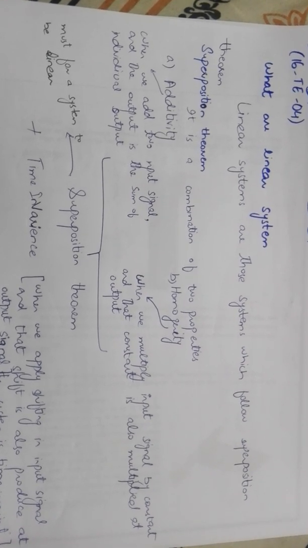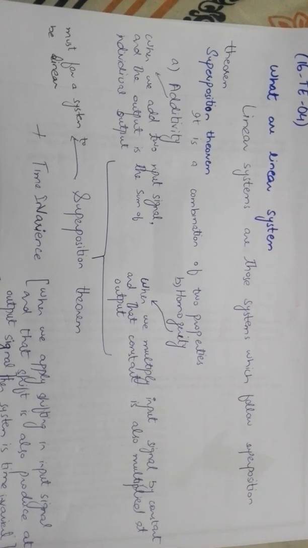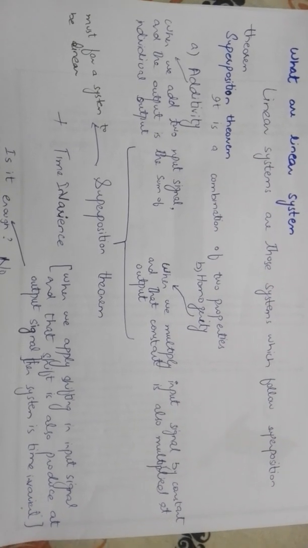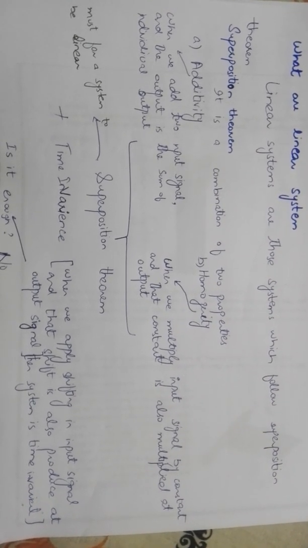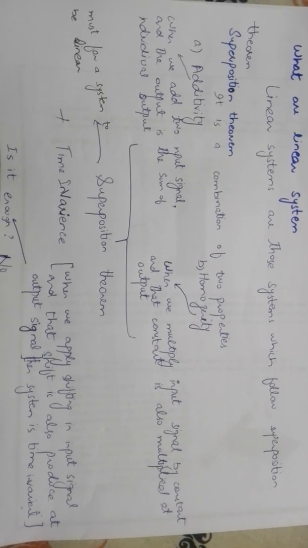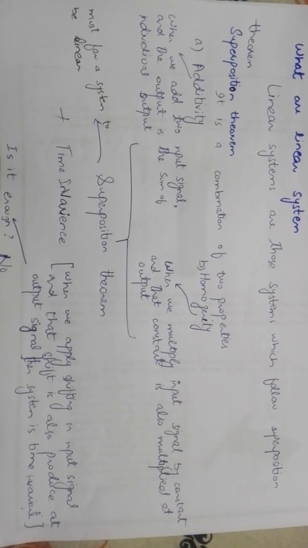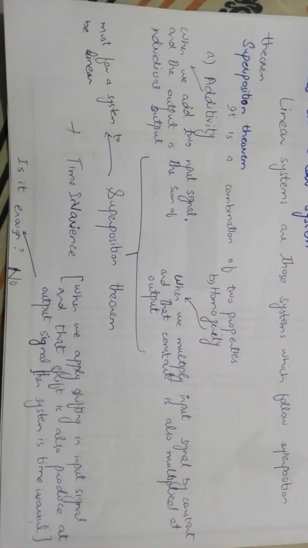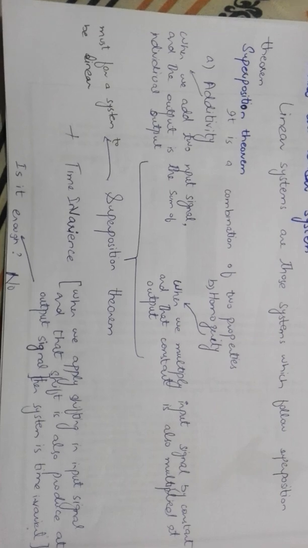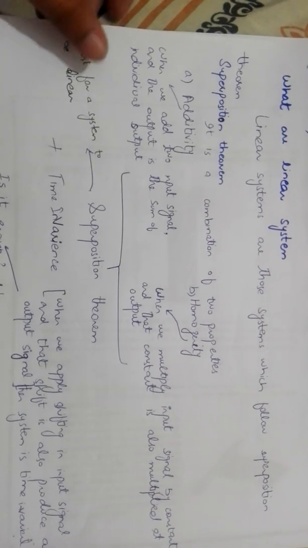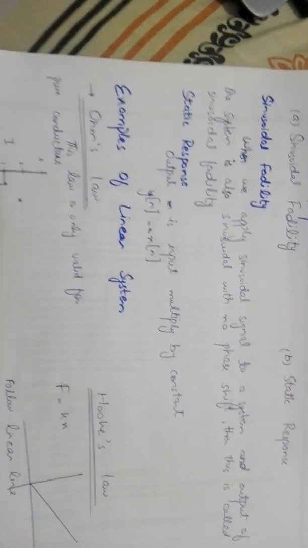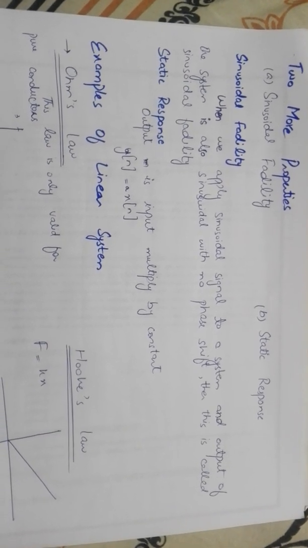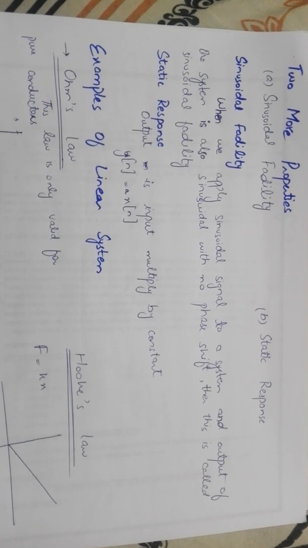But for linear systems there are some other properties, like time invariance. When we apply a shift in the input signal and that shift is also produced at the output signal, then the system is time invariant, meaning it does not depend on time. Are these properties enough? No, there are some other properties. First is sinusoidal fidelity and second is static response.